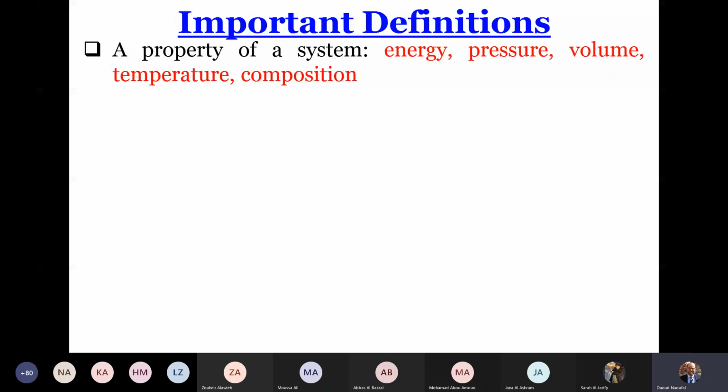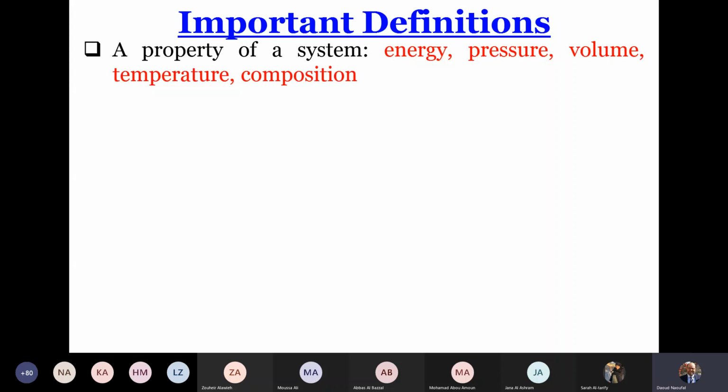I will make a summary for the previous slides. System is a part of the universe. Surrounding is the remaining part around the system. System and surrounding constitute the global universe.